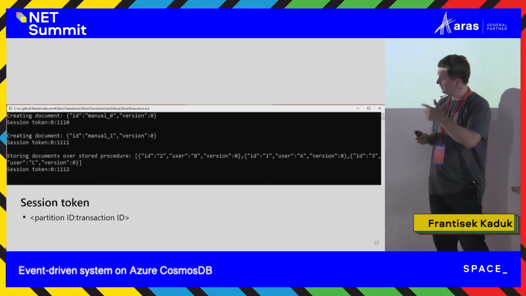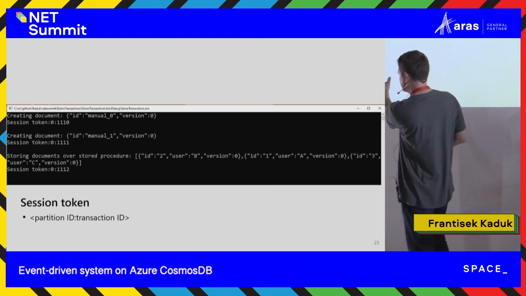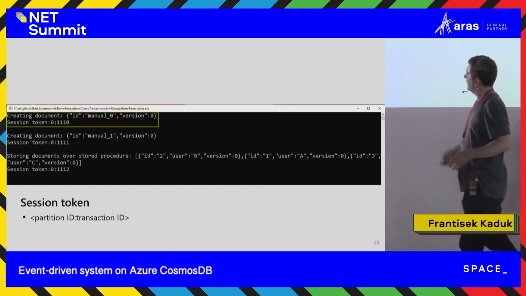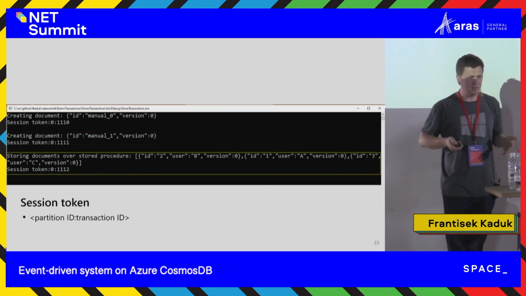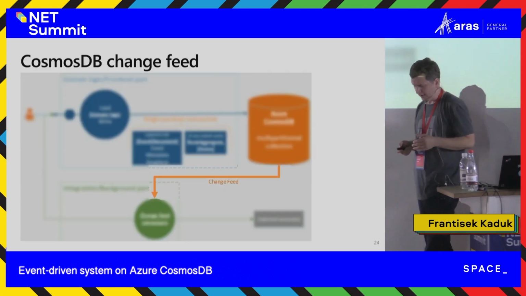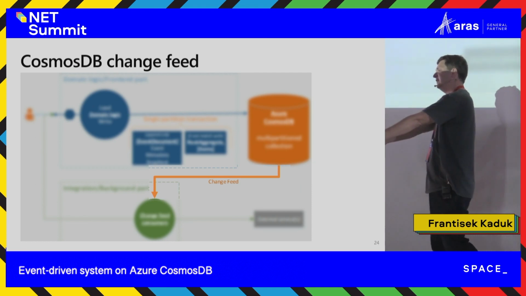Pay attention, there is a session token, and this token has the format partition ID, transaction ID. We will be using this transaction ID later, and I'm just adding it, and then this is over the procedure. So this was the first part, how we are storing the data to the storage.